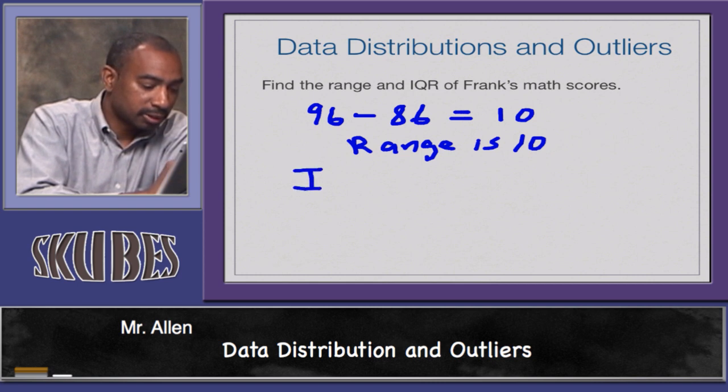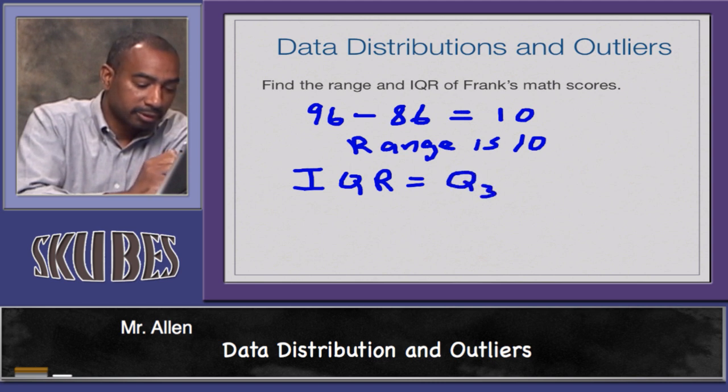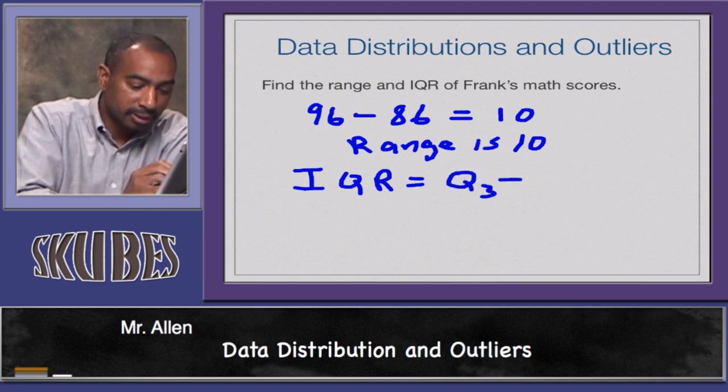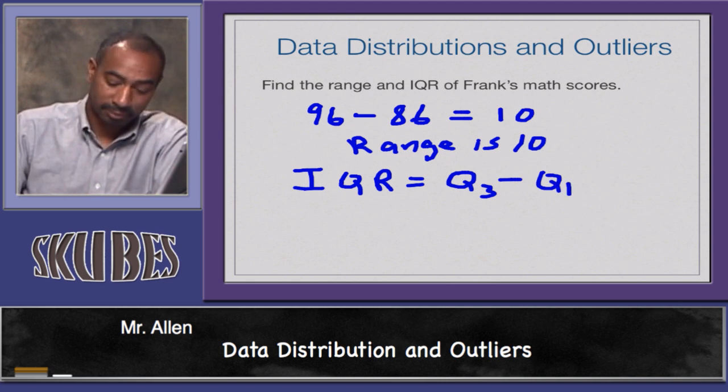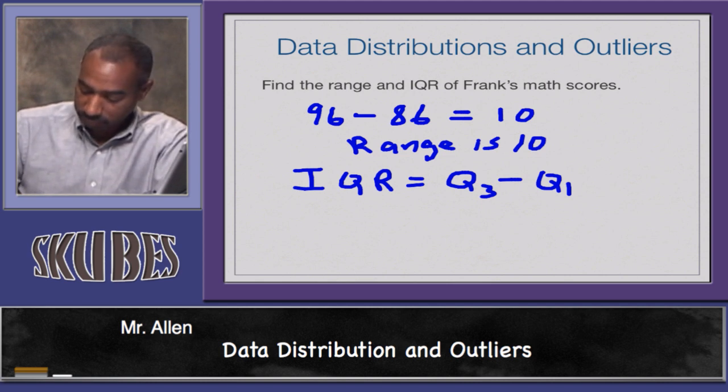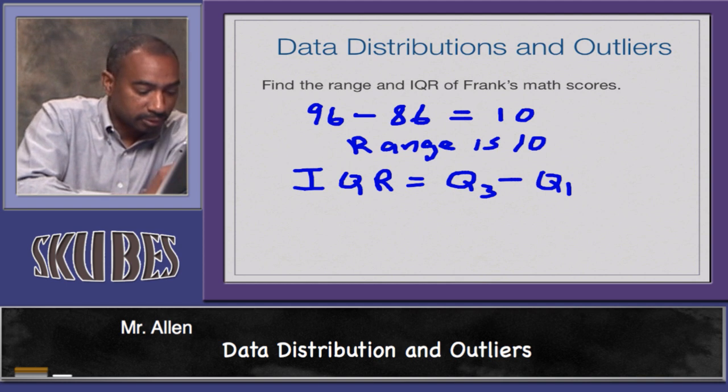And the interquartile range, recall from the last lesson, is just the difference of the third quartile and the first quartile, which means you have to break them up into quartiles. And if you do that, you'll see that the first quartile is 88.5.